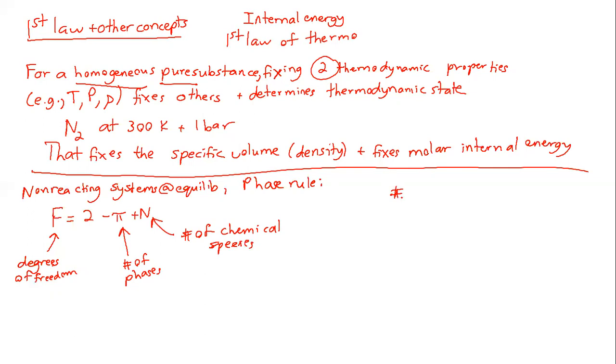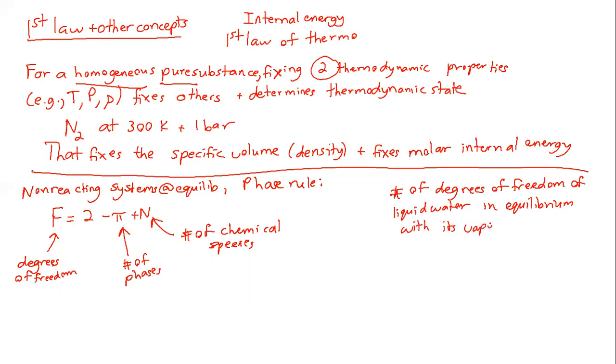So for example, the number of degrees of freedom of liquid water in equilibrium with its vapor is given by F equals 2 minus pi plus N. So this is going to be 2 minus the number of phases.